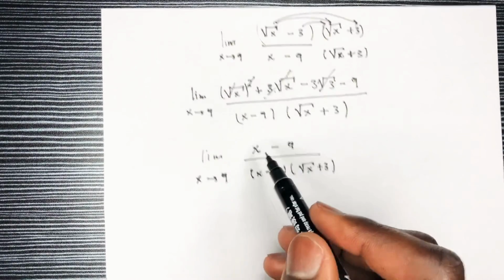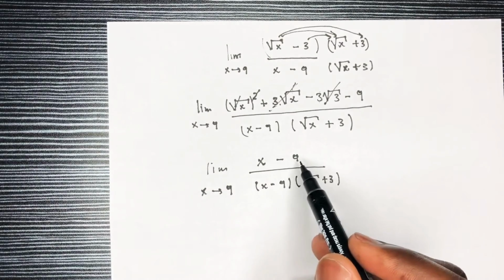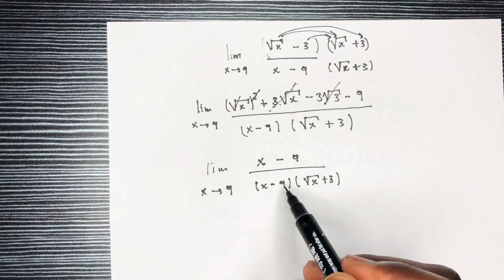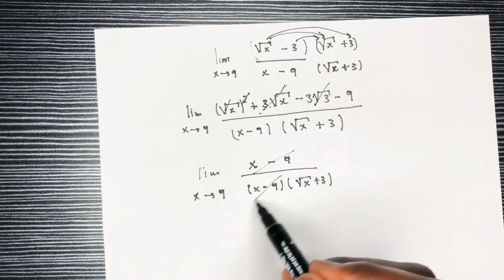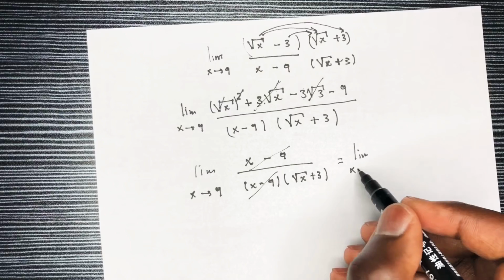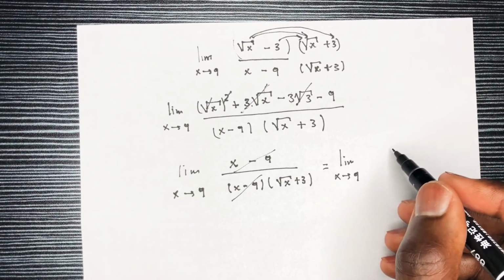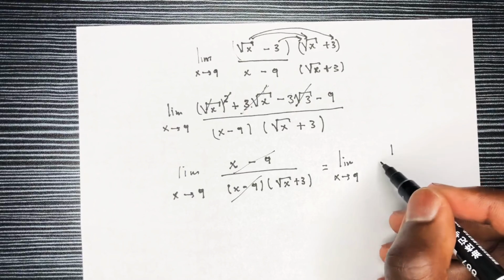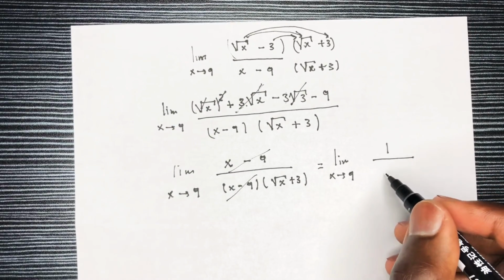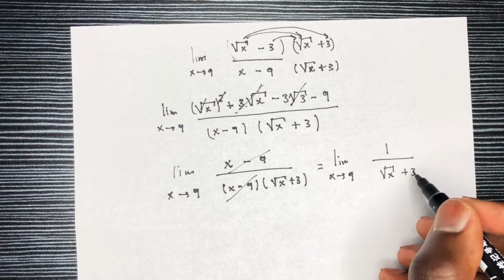We can also cancel the similar expression: x minus 9 on top and x minus 9 on the bottom. We are left with the limit as x approaches 9 of 1 over the square root of x plus 3.